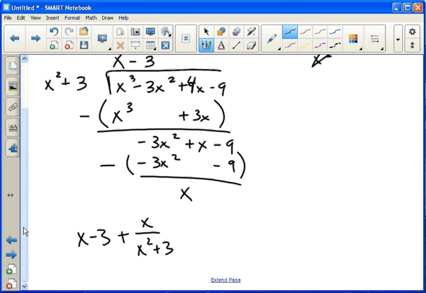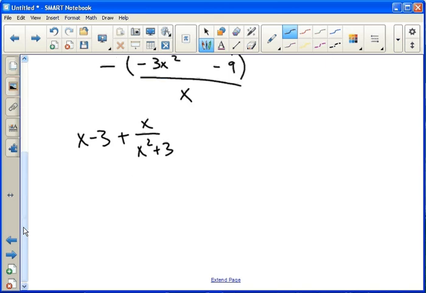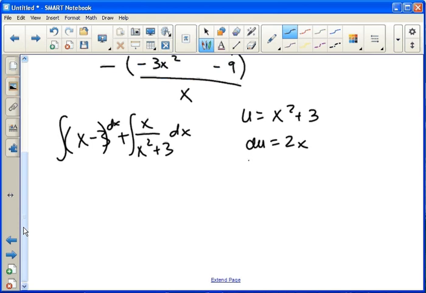So now, if we separate this into two integrals, the left one's going to be really simple. In the one on the right, we can use substitution. U equals x squared plus 3, du equals 2x. So we get 1/2 integral of du over u.